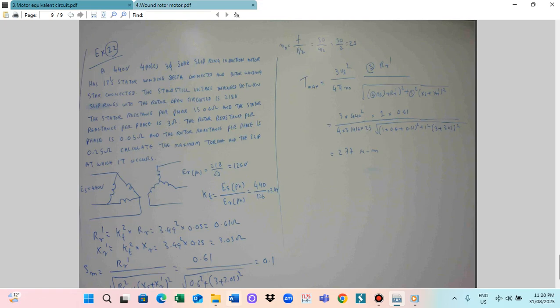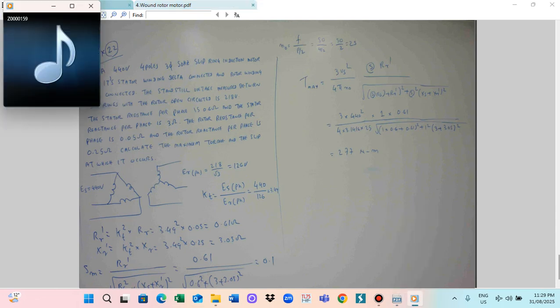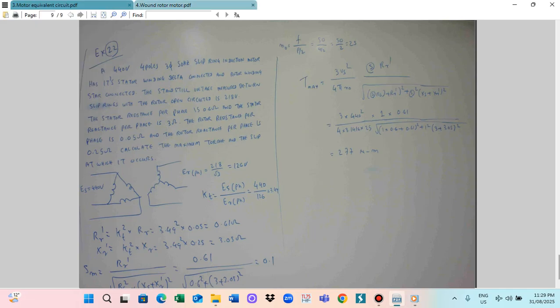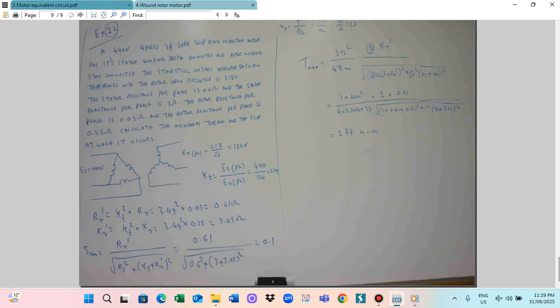So this formula also has the square root. Either we use this formula: 4πns square, S into R dash divided by Rs square, so this is S into Rs plus R dash square, plus S square into Xs plus Xr dash square.